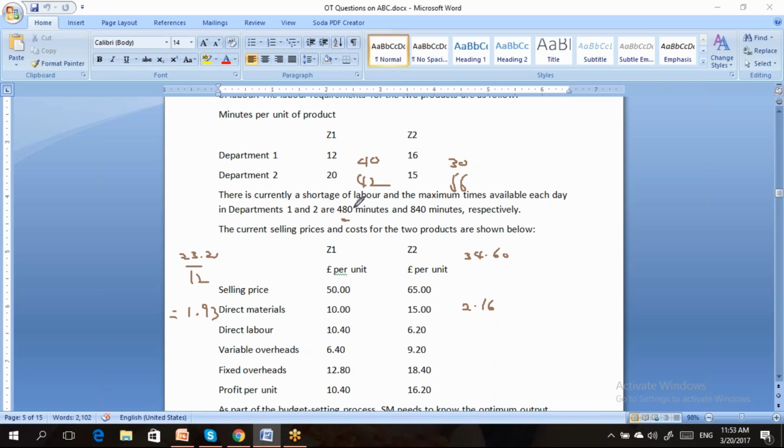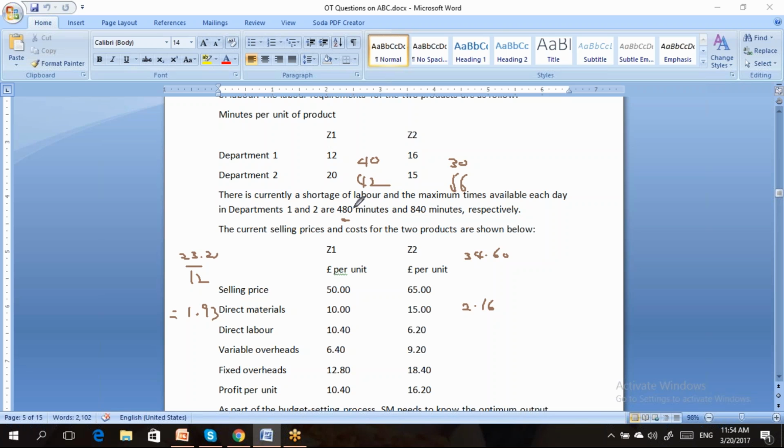Since there is no maximum demand given, I will go on producing only Z2. If there was a maximum demand, I would stop at a particular point.